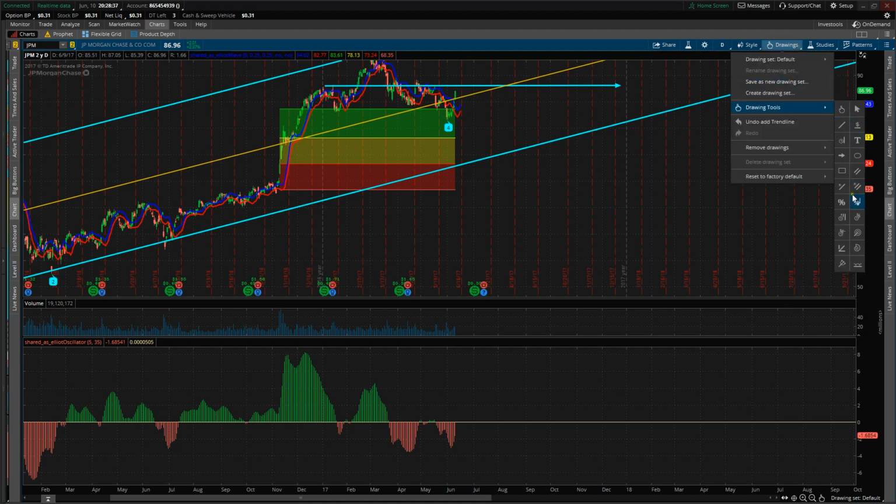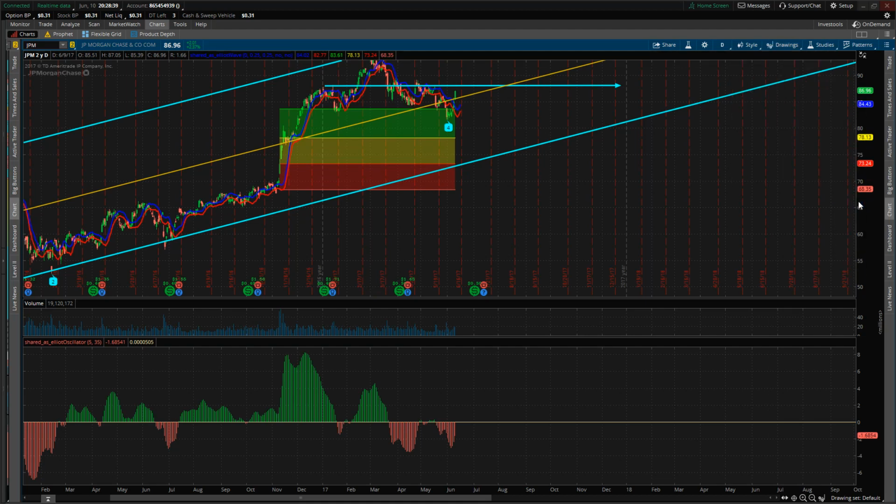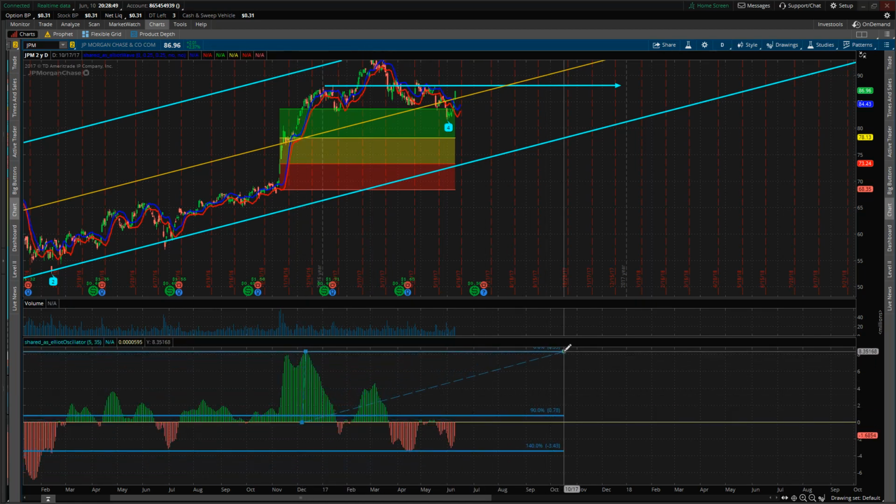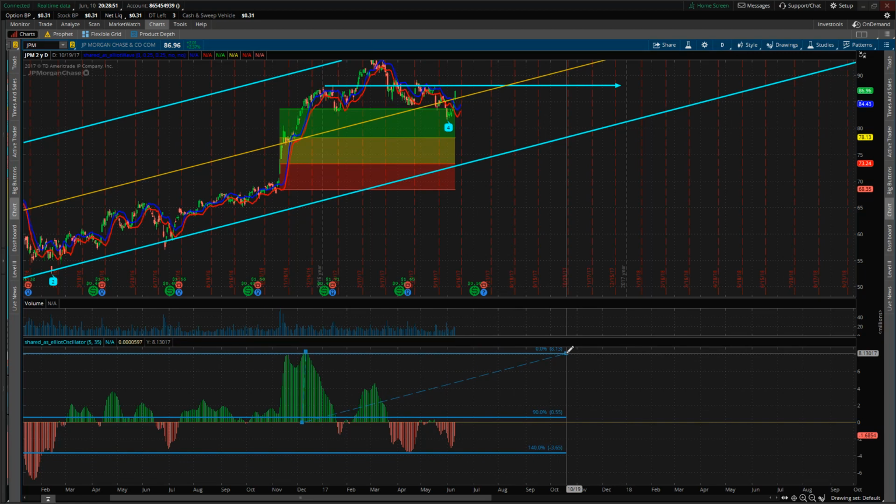So again, we want the fib extension. We go to the highest point on the oscillator for the wave 3. We click once. We go to the 0. We click again. We bring it back up and along, make sure the top 0 line is at the highest point in the wave 3, and we click one more time, and that is just within our 140%, so that's good.